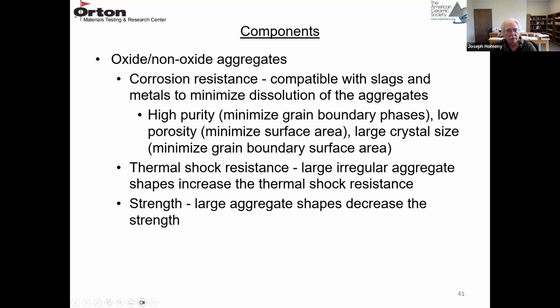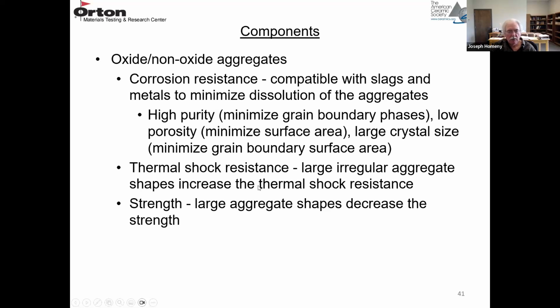You want low porosity, and the fused cast aggregates have the low porosity for corrosion resistance. So you're minimizing surface area, and large crystal size minimizes grain boundaries. The grain boundary is the weakest area in the aggregates. That's where the corrosion takes place first. So: high purity, large crystal size, low porosity for the aggregates.